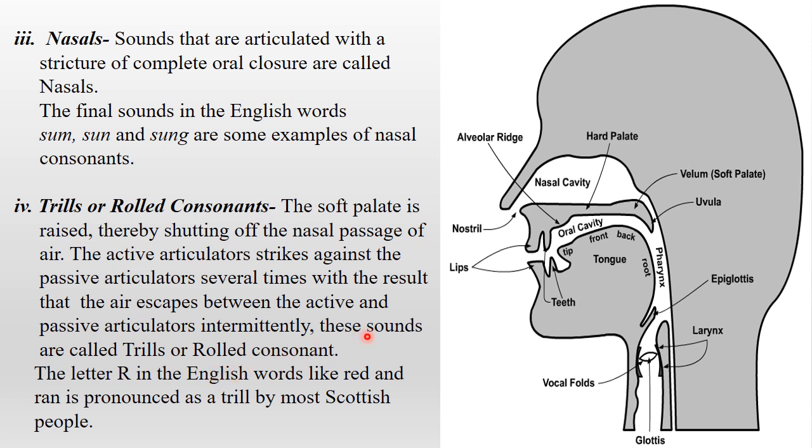Another example of a trill or a roll sound can be the sound which is produced by a kid when he is playing with his trucks or cars. He constantly does trrrr.